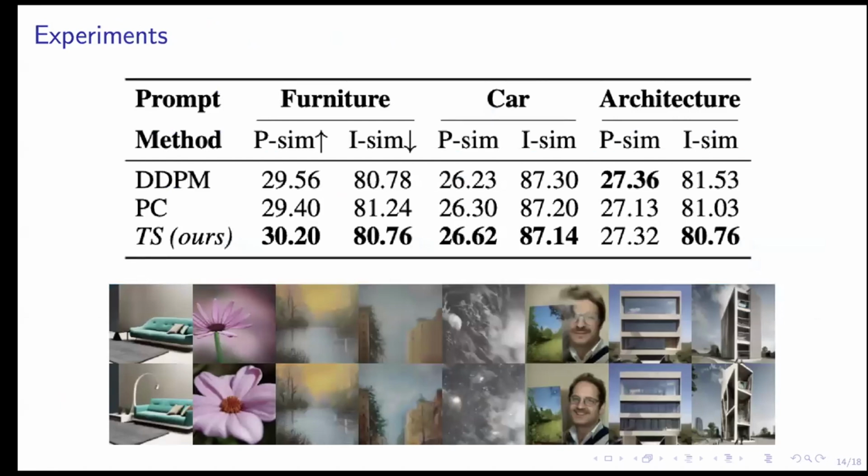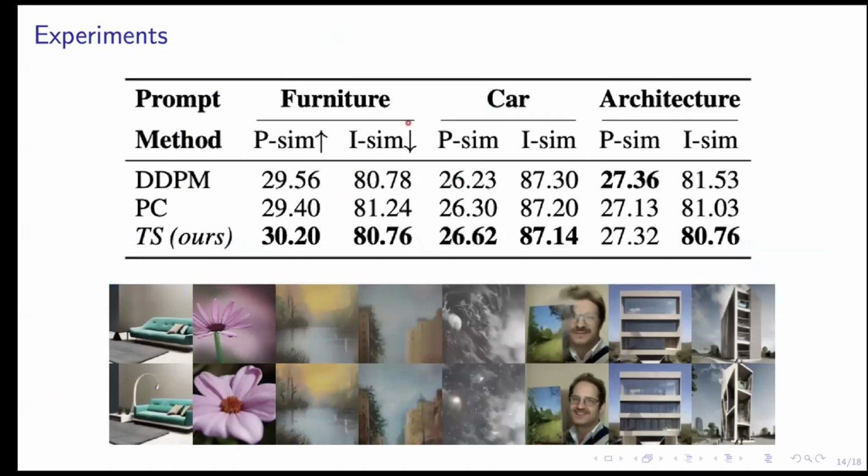We also run some experiments on real-world diffusion models. We use Stable Diffusion 1.5 with our tempered Langevin dynamics, and we show that both the image quality and the image diversity can be improved using our framework. Here are the two scores. One is the image quality, how realistic it is according to your given prompt.